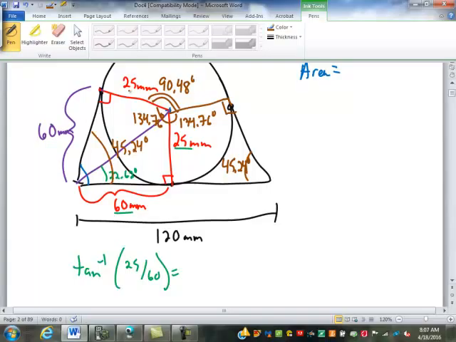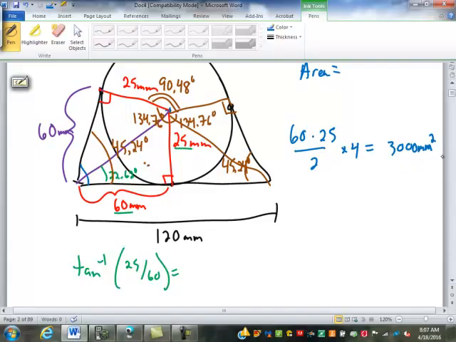So that means this area here, I can just find this triangle multiplied by 4, right? 60 times 25 over 2 is the triangle times 4, which ends up being 300 square millimeters, correct? 60 times 25 is 1,500.